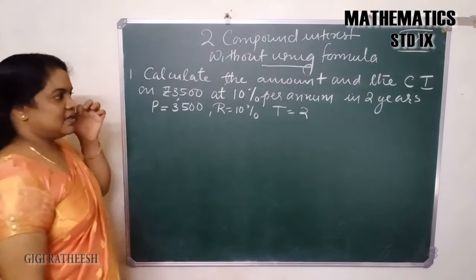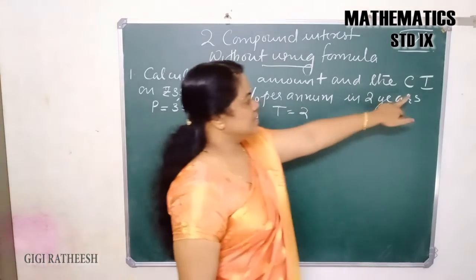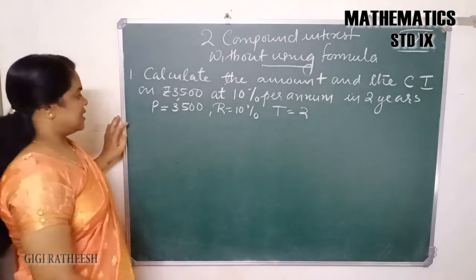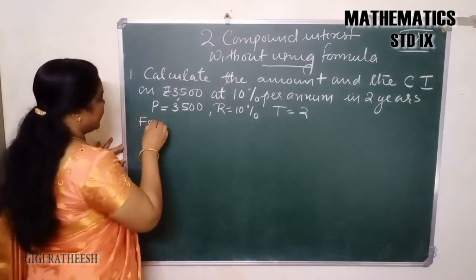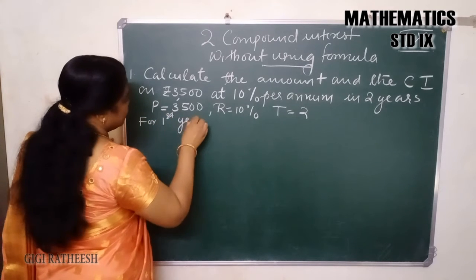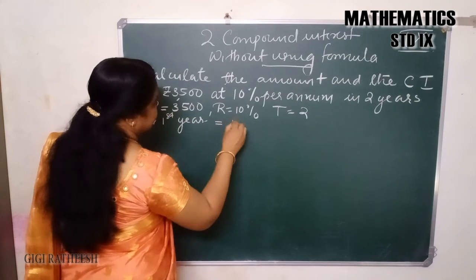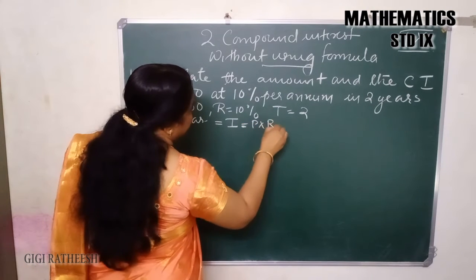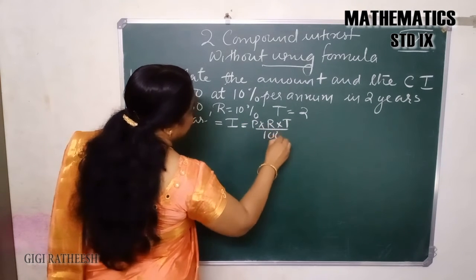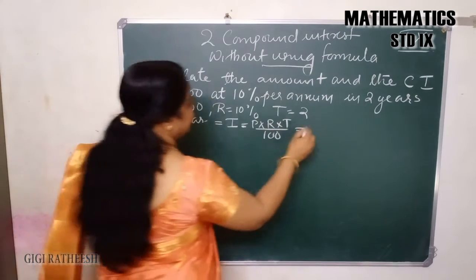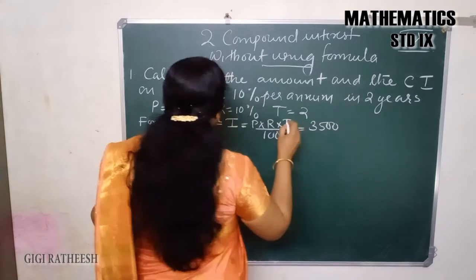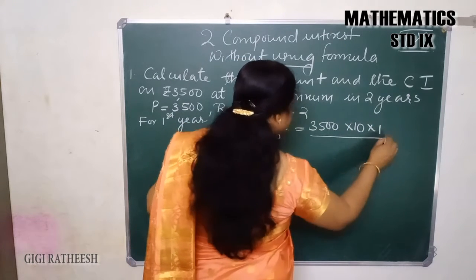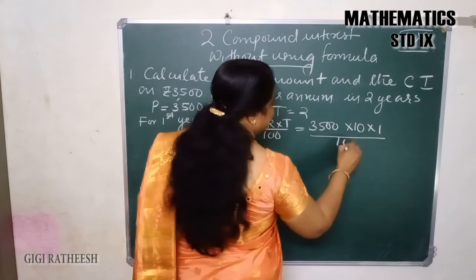Here we are calculating the compound interest. CI is compound interest. Compound interest is calculated for every year, for 1 year each. For the first year, interest is equal to, using the simple interest formula, P into R into T by 100, that is 3,500 into 10% into 1 year divided by 100.